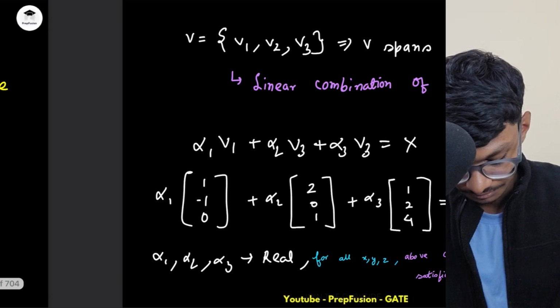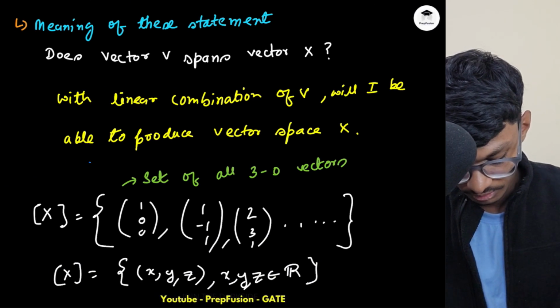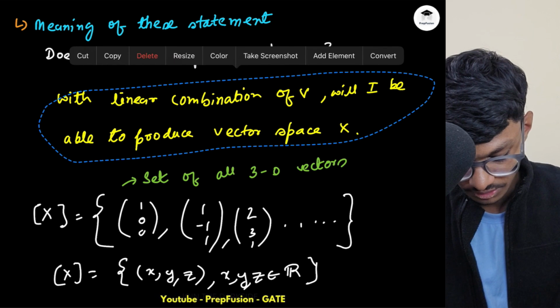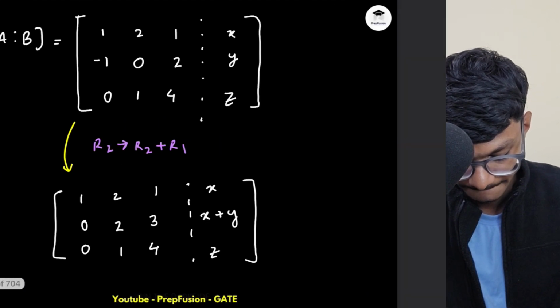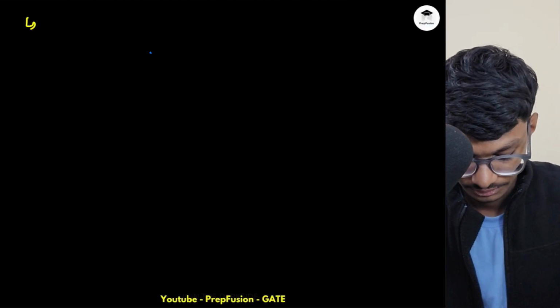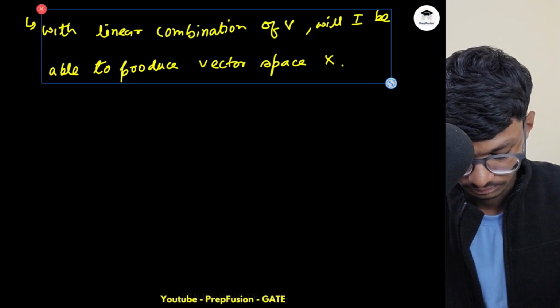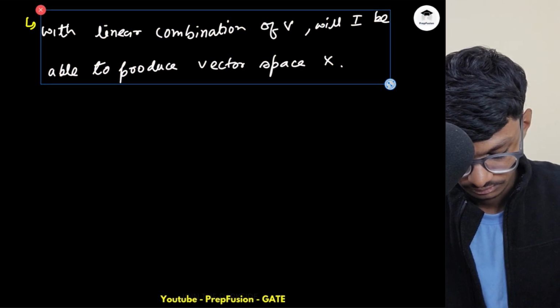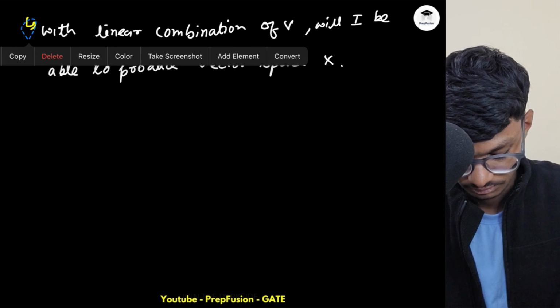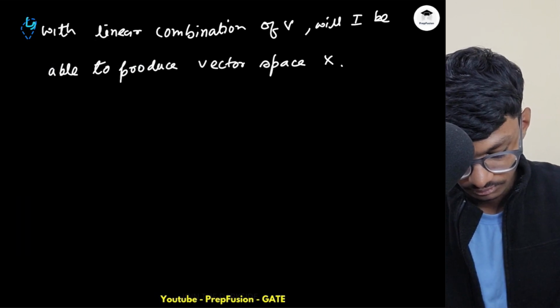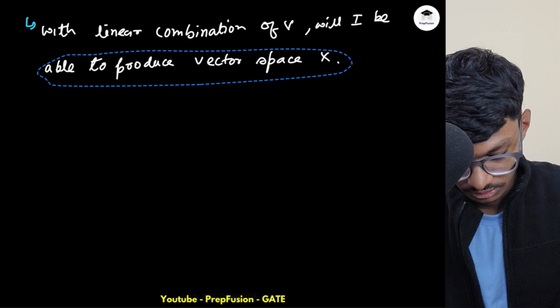I'll just copy and paste. With a linear combination of v, will I be able to produce vector space x?